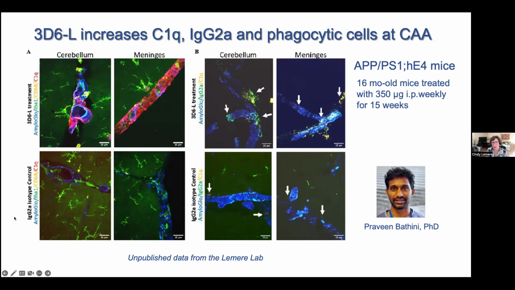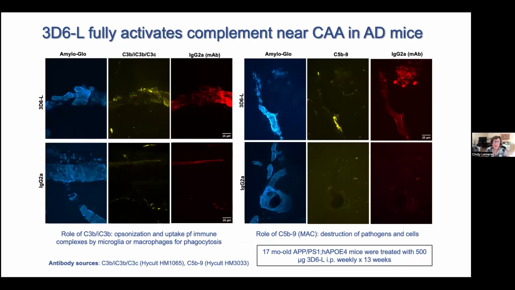And again, he was able to demonstrate this both in the cerebellum and in the cortical meninges. And we did not see it overlapping in the IgG isotype control treated animals. Praveen has since gone on, this is a different study with a different treatment regimen, 13 weeks of treatment.